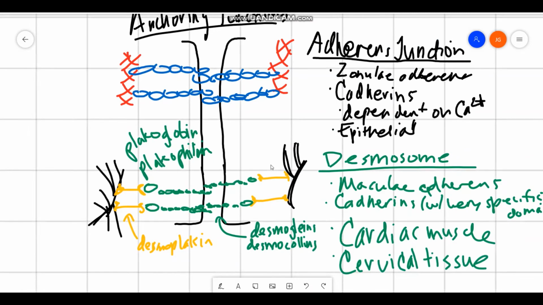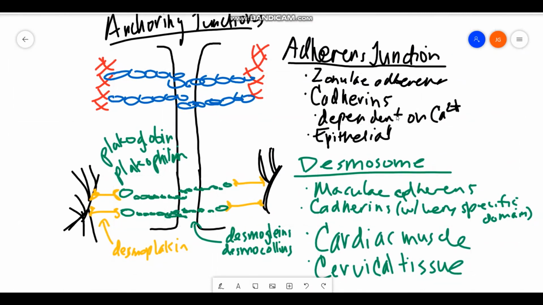But generally, when it comes to anchoring junctions, key things to note are they're literally going to anchor cells together. You have these chains of proteins, mostly cadherins, which are very dependent on the binding of calcium, which is why calcium is so important in your diet. And your adherens junctions are going to bind to actin, which I said in the beginning of this video will be shown in red most of the time. And your desmosomes are going to bind to intermediate filaments.